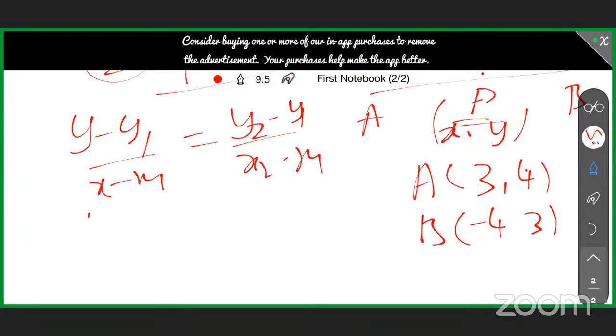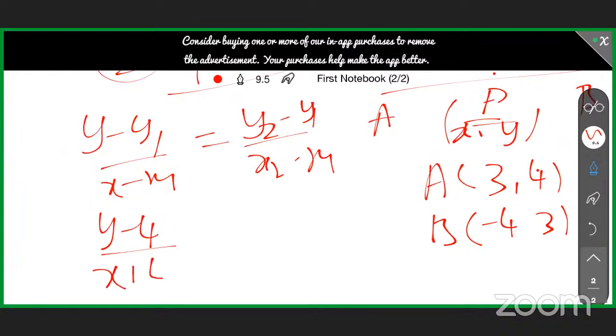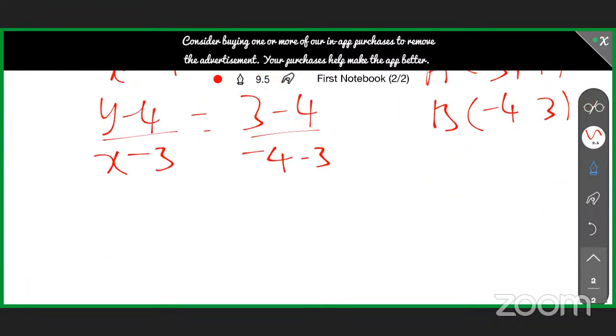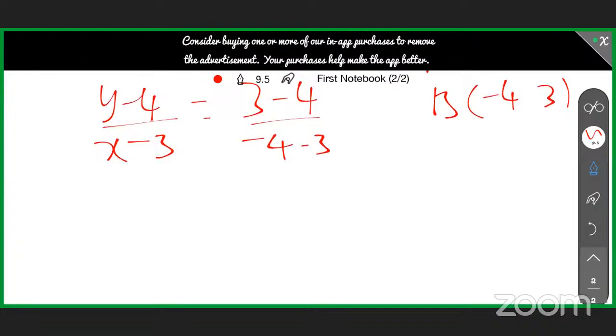So (y minus 4) by (x minus 3) is equal to (3 minus 4) by (-4 minus 3). This is equal to... I'm simplifying, I'm skipping one step.